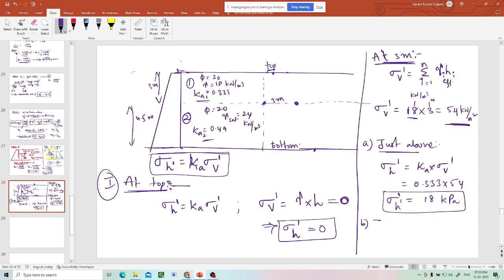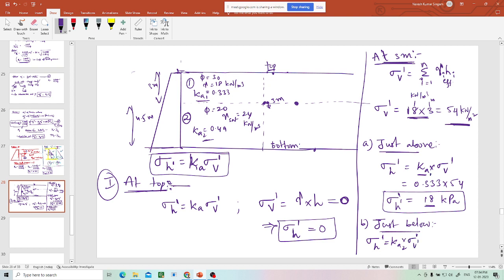Now what will I do? I'll calculate just below. When you just go down from this point, the vertical pressure is the same, but that vertical pressure will be converted as horizontal pressure due to which factor? Due to this Ka factor. Just above, the horizontal pressure is 18 kPa due to Ka1, but just below, sigma h dash will be Ka2 multiplied by sigma v dash.